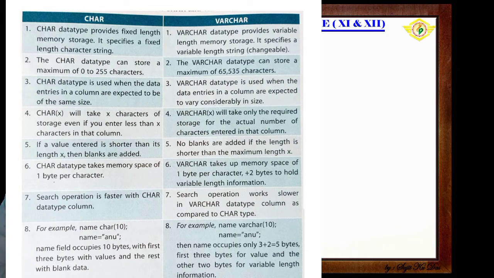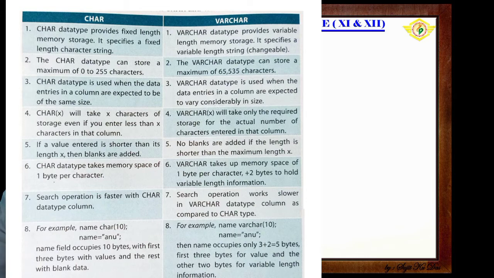Number 2, character. The character data type can store 0 to 255 characters, but in varchar it is 65,535 characters. The char data type is used when the data entries in a column are expected to be the same size, but varchar is used when the data entries in a column are expected to vary considerably in size.